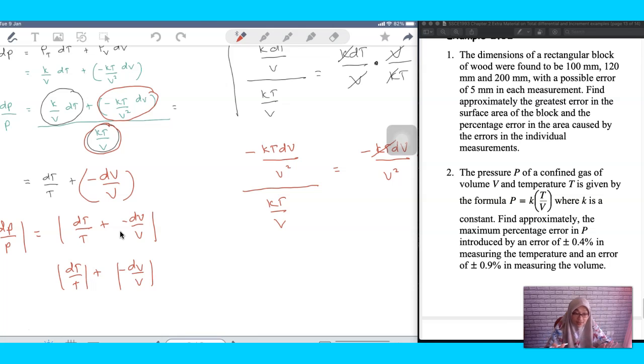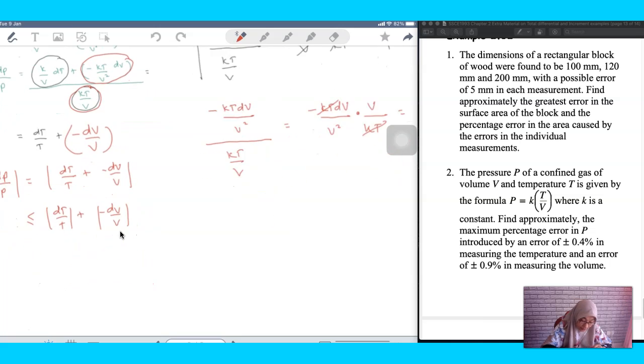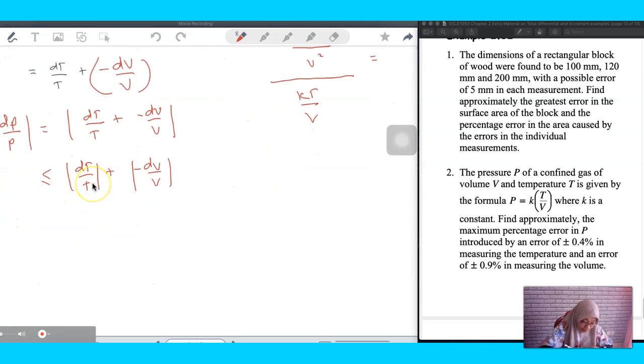Then when you split them into each term, it becomes less than or equal to. So you will have something like dt over t plus, negative becomes positive, so you have dv over v.